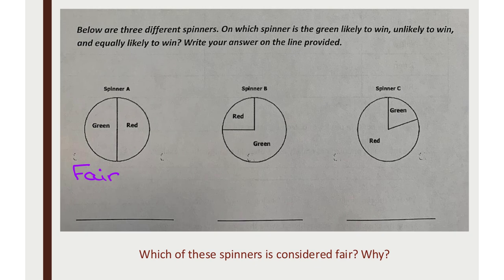Things just have to be equal. I can take a completely different spinner here. I can divide it into 4 equal sections. I can have them each with a different number, and that can be considered fair. Because they all have what chance of occurring?